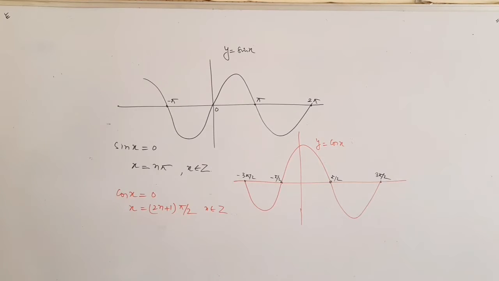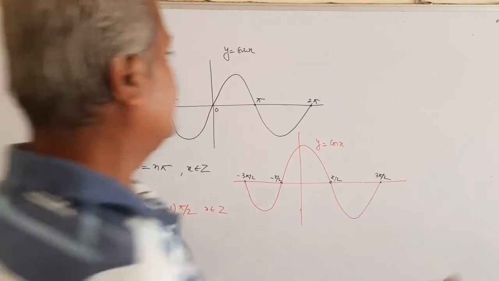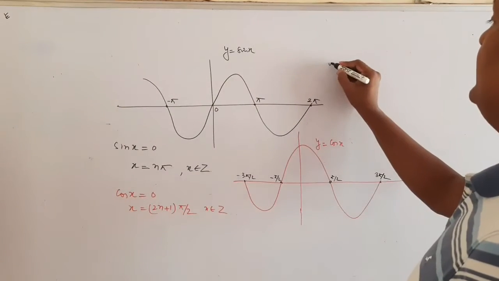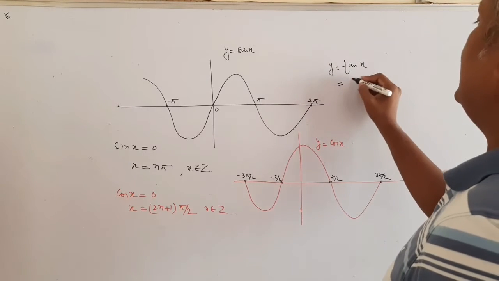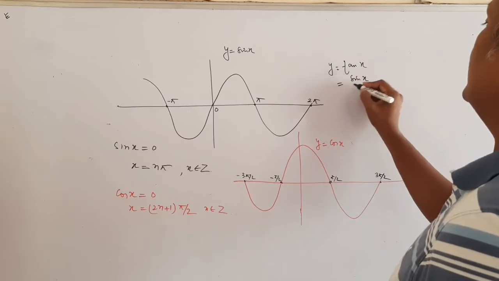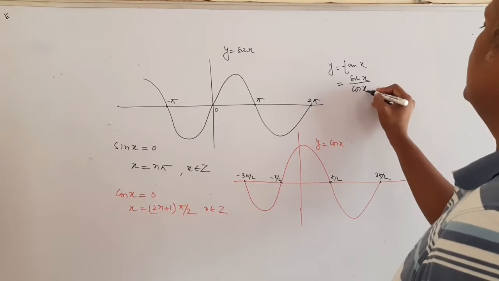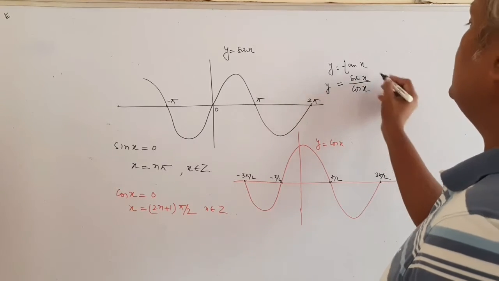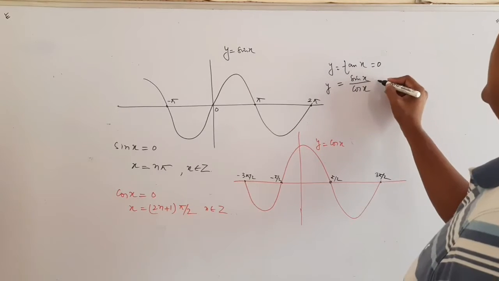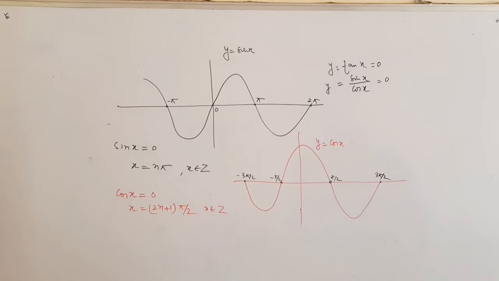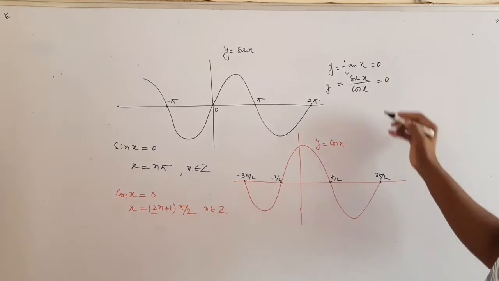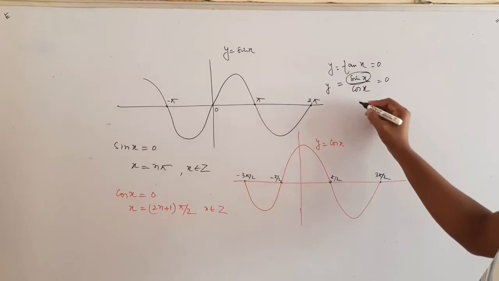Now if you go for tan x, y is tan x, and tan x is sin x over cos x. For this to become 0, you need the situation where the numerator is 0 but the denominator is non-zero. That means all the cases where sin x is 0.